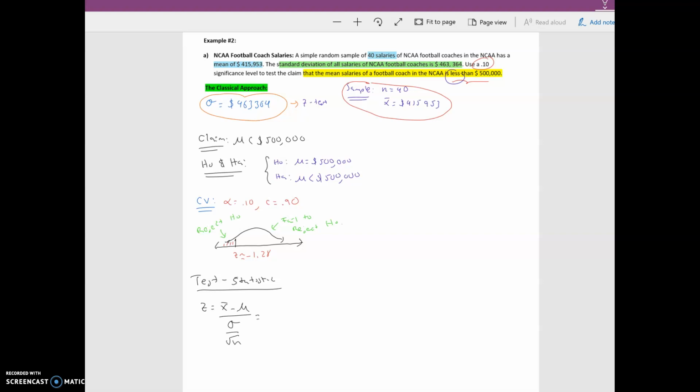So this is going to be the mean of the sample, 415,953, minus the mean of the claim, 500,000, over the standard deviation 463,364 over the square root of, in this case, 40. So please evaluate that and see if we're matching.